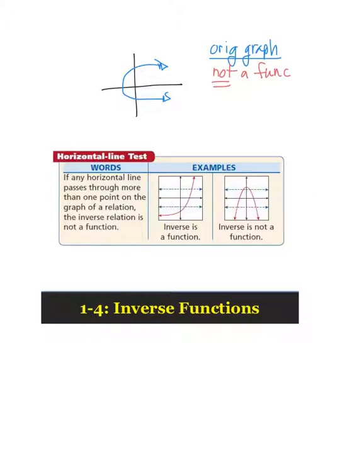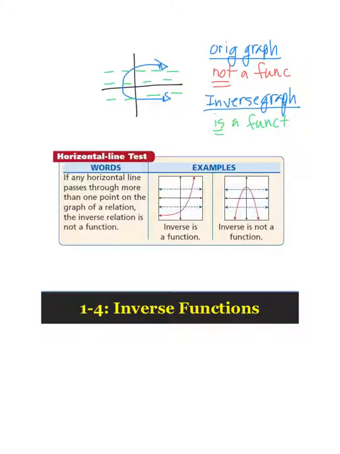Now, I'm going to apply the horizontal line test. If I ran a horizontal line through this graph, notice it's only touched it once. No matter where I put this horizontal line, it will always only touch it once. So the inverse graph is a function because it passes the horizontal line test.